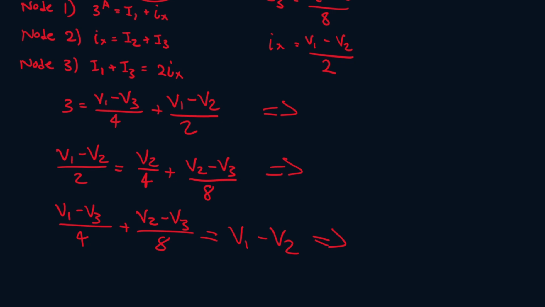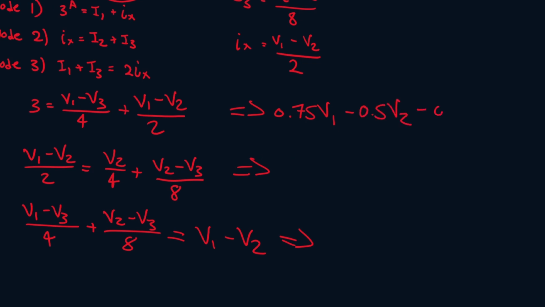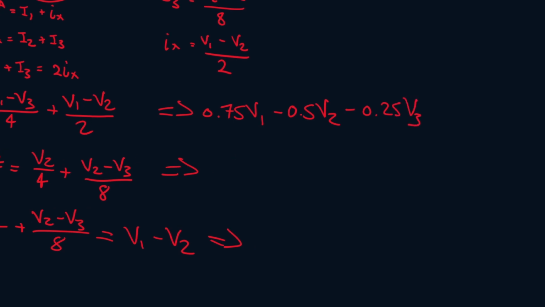So let's see. V1 over 4 plus V1 over 2, that's just 0.75 V1. Then it'll be 0.5 V2 minus 0.25 V3. And that will be equal to 3.